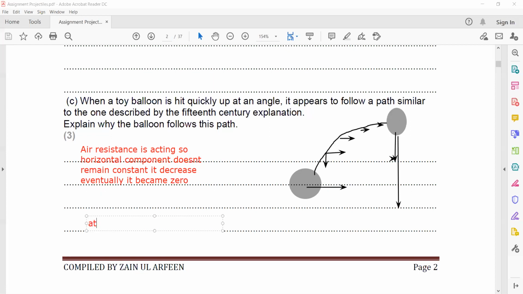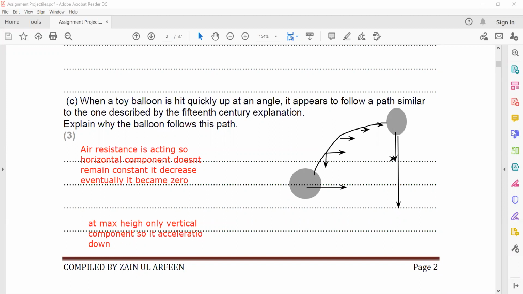And at maximum height, only the vertical component is there, so it accelerates downward and there is no horizontal component. Is it clear why a toy balloon, when you hit it, moves in the path explained in the 15th century?